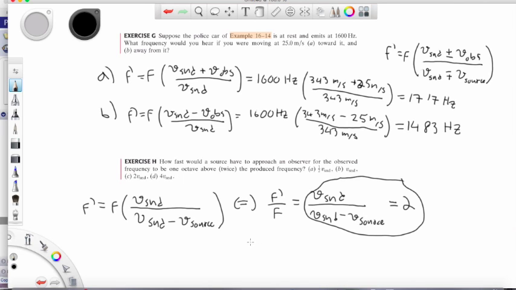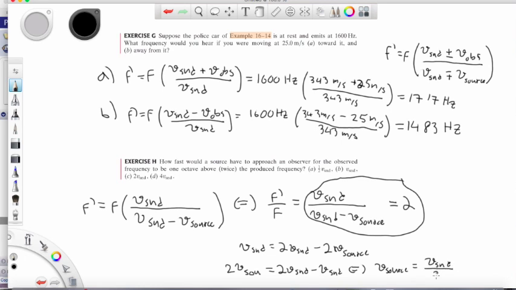Let's solve this equation. So we get v sound equals 2 times v sound minus 2 times v source, and rearranging gives us 2 times v source equals 2 times v sound minus v sound, which simplifies to v source being v sound divided by 2.